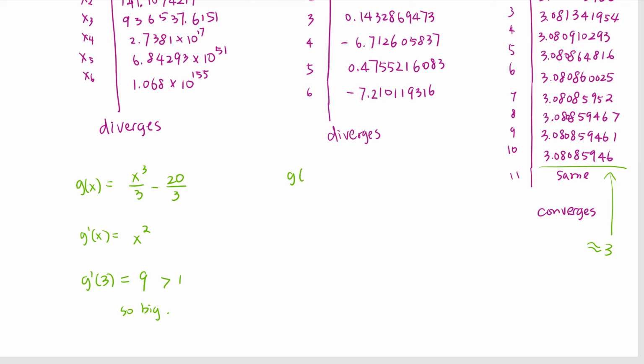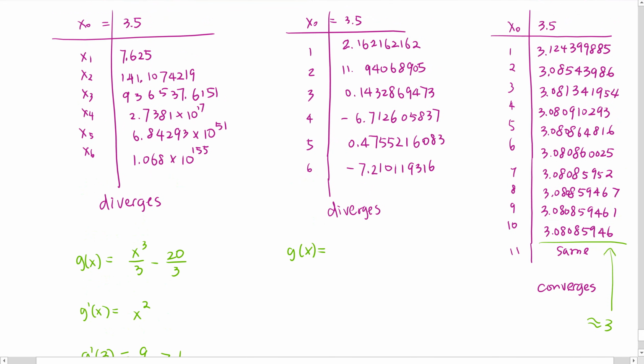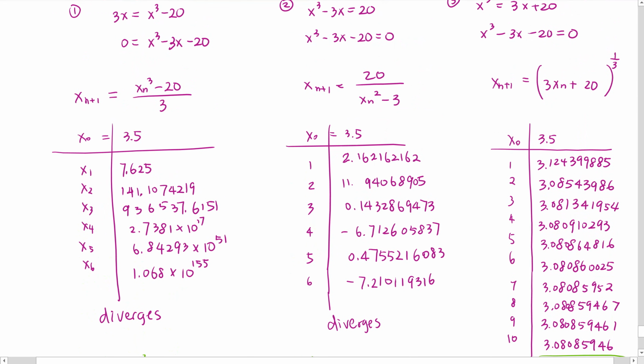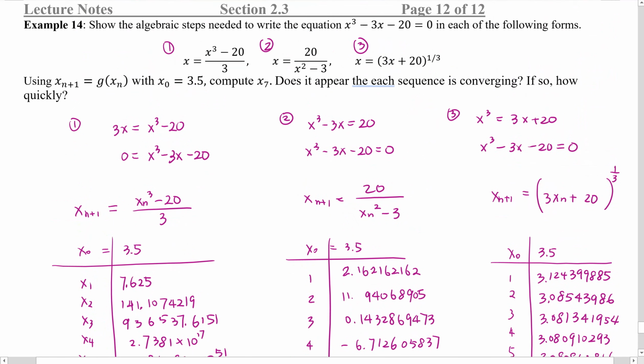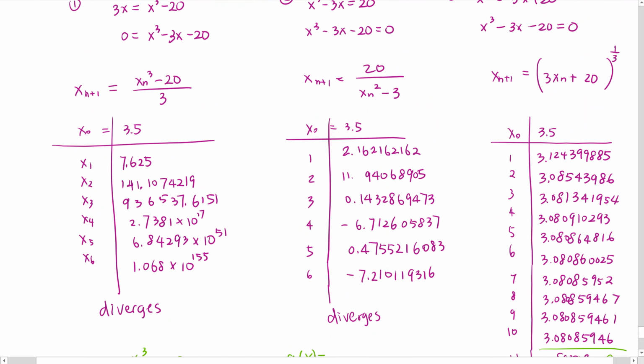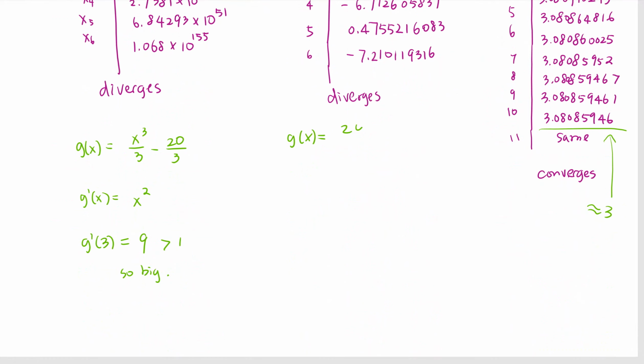Let's look at the second one. What's the g of x? 20 over x squared minus 3. So g prime of x, here this is like 20 times x squared minus 3 to the minus 1.